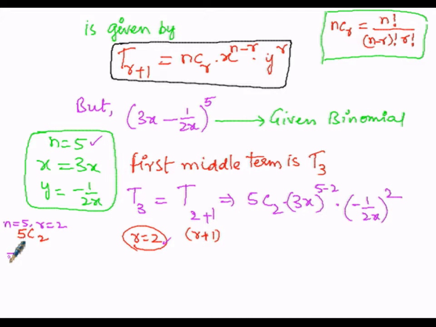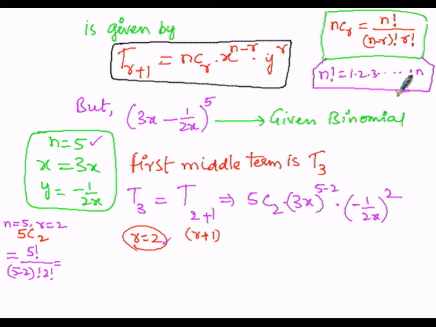So 5 factorial divided by (5 minus 2) factorial into 2 factorial. We know n factorial is 1 into 2 into 3 up to n. So 5 factorial is 1 into 2 into 3 into 4 into 5, divided by 3 factorial, which is 1 into 2 into 3, and 2 factorial, which is 1 into 2.